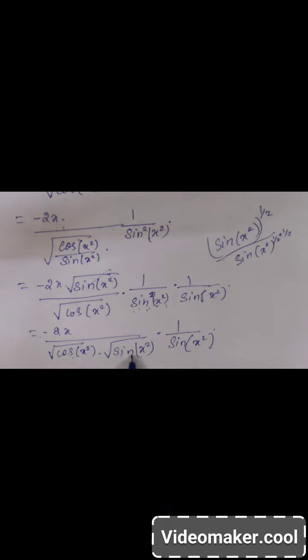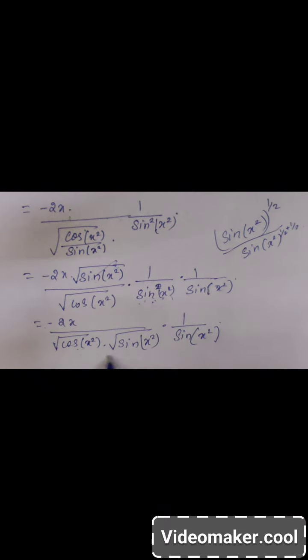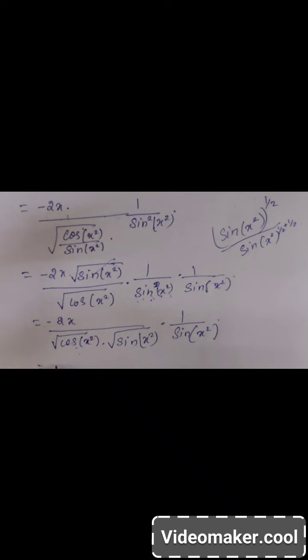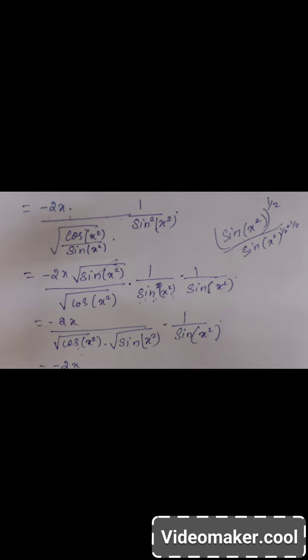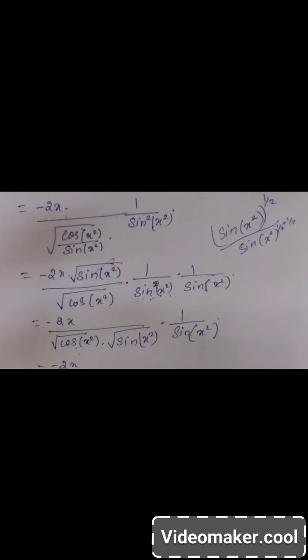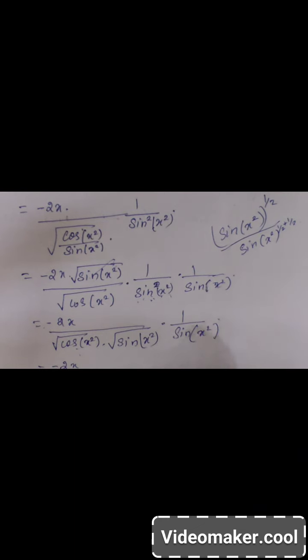Now we can combine these two. So we will get minus 2x divided by square root of sine of x square cos of x square and 1 by sine of x square.